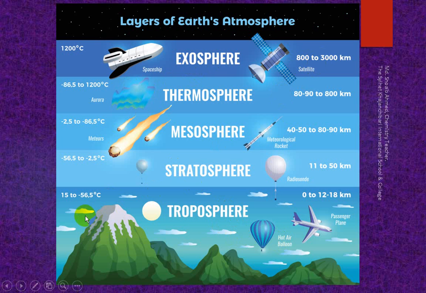Look at the temperature. In the troposphere, the temperature decreases from 15 to minus 56.5 degrees Celsius.